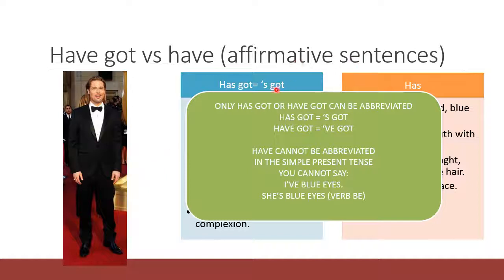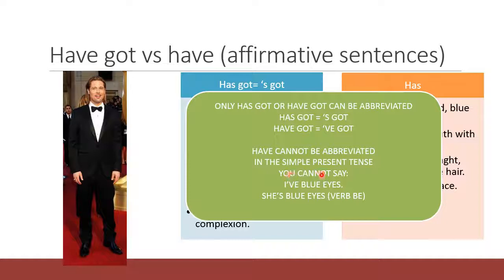Only has got or have got can be abbreviated. Okay, so when you see apostrophe s plus got, it means has got. When you see apostrophe ve plus got, it means have got. Have cannot be abbreviated in the simple present tense.